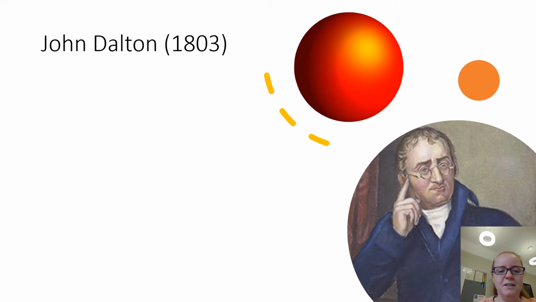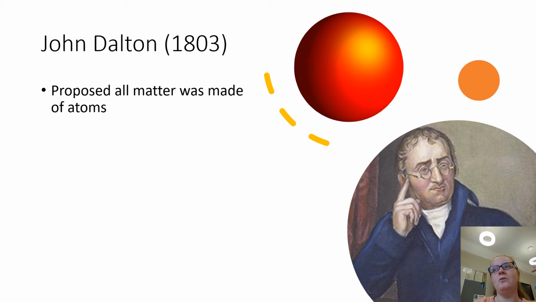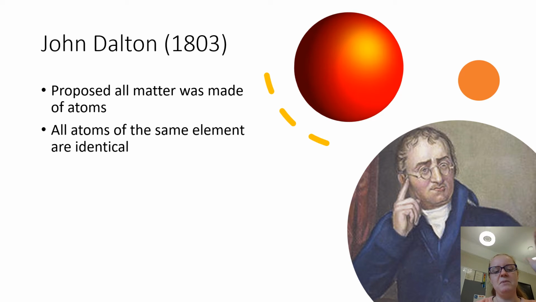And that is how we got the word atom that we currently use today as our smallest state of matter. And that model stuck with us for a very long time until in 1803, John Dalton appeared and proposed not only was all matter made of these atoms, but the atoms of the same element are identical.